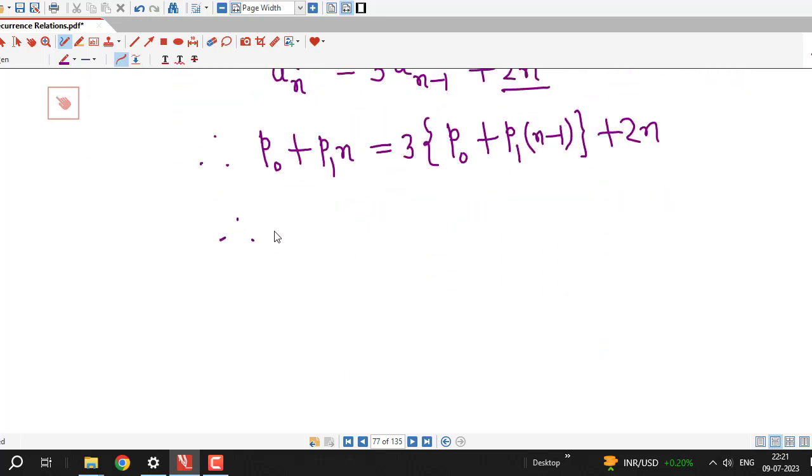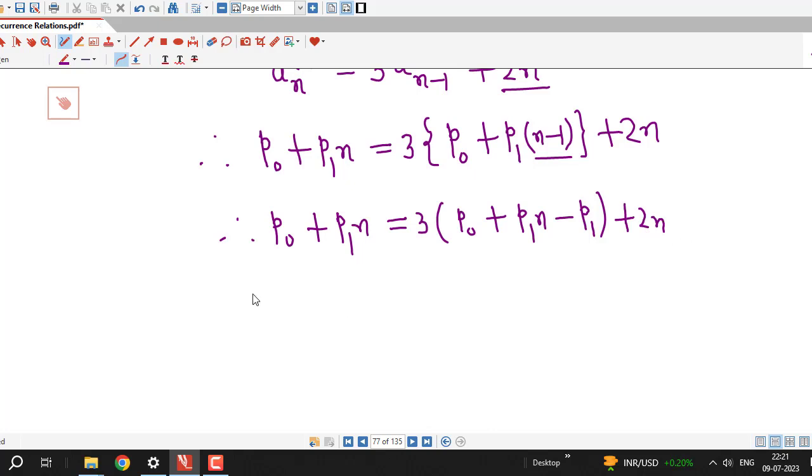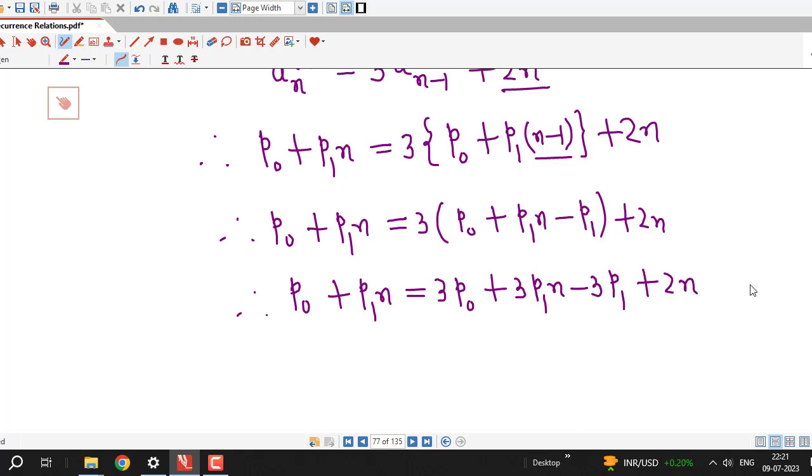Now I simplify this. This is p0 plus p1 into n, and let me write one more step. This I can rewrite as p0 plus p1 into n equal to 3 times p0 plus 3 times p1 into n minus 3 times p1 plus 2n, multiplying this bracket by p1.